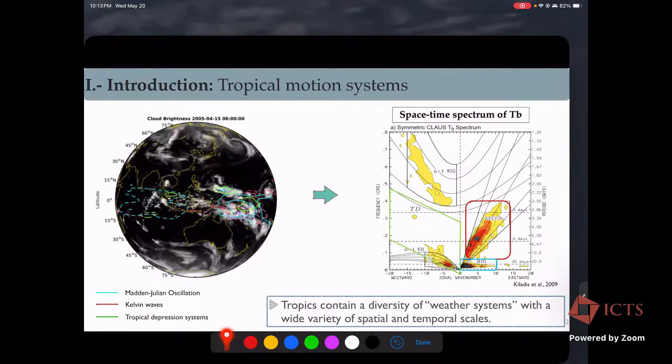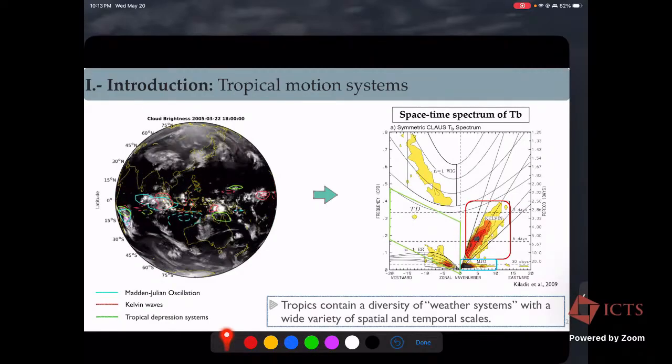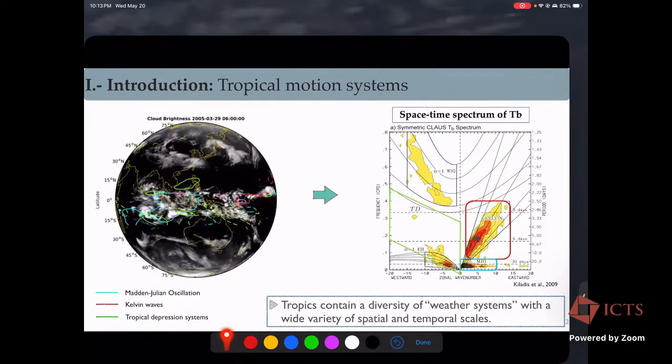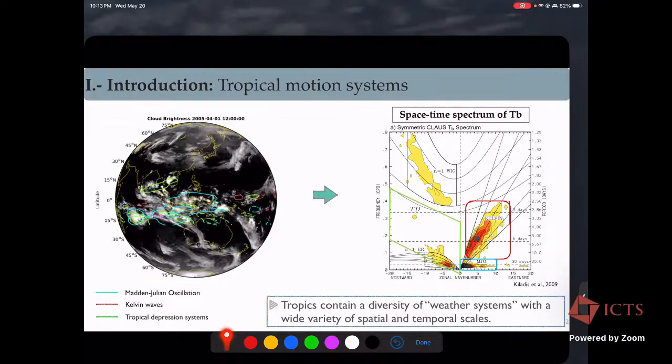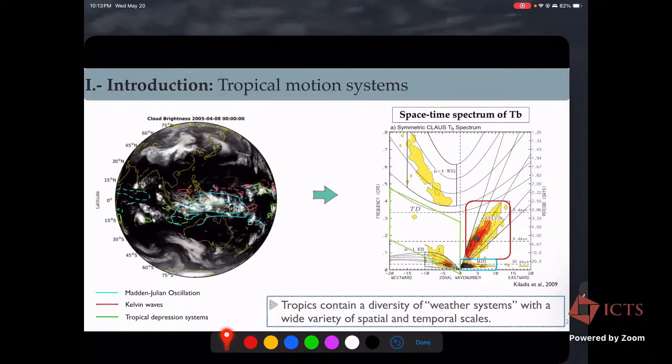If you plot, for instance, the Kelvin wave, you can also see it plotted here in our red curves. You will see that Kelvin waves also propagate in the same direction as the Madden-Julian oscillation, but these Kelvin waves propagate much faster compared to the Madden-Julian oscillation.